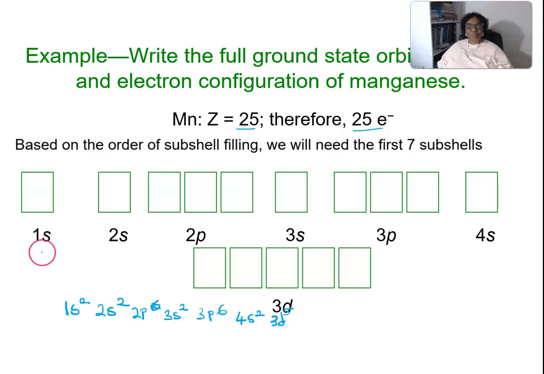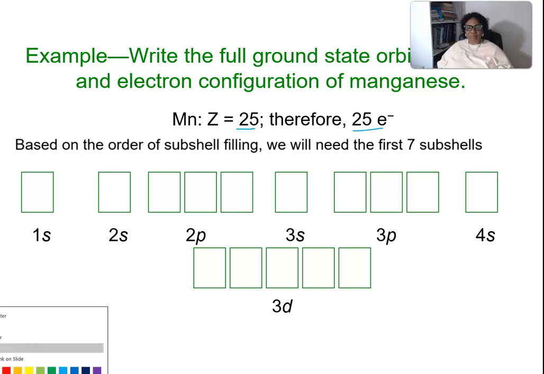So these are the 7 subshells: 1s, 2s, 2p, 3s, 3p, 4s, and 3d.